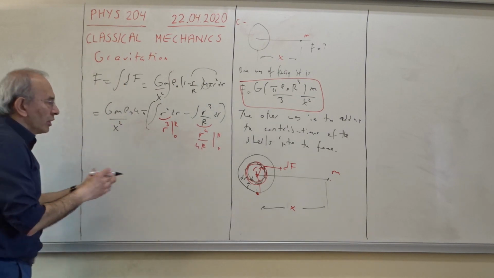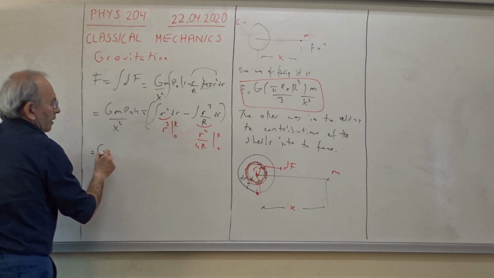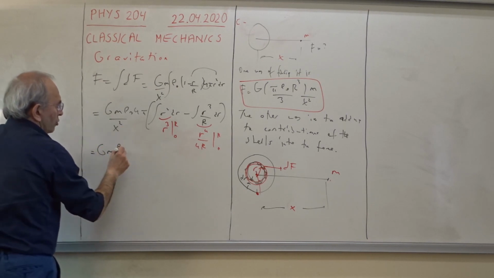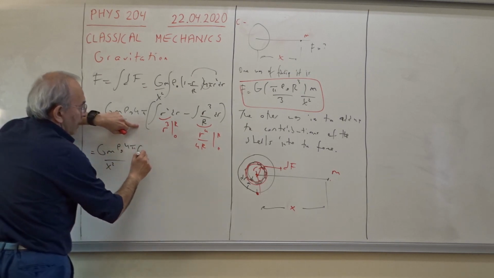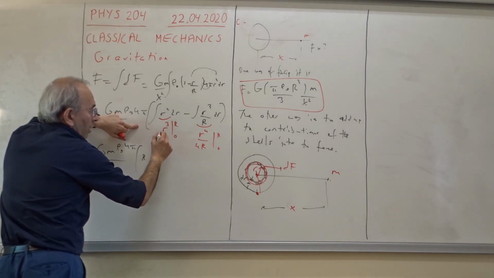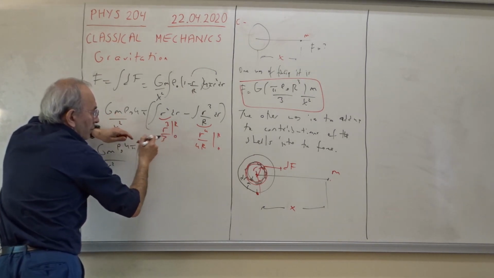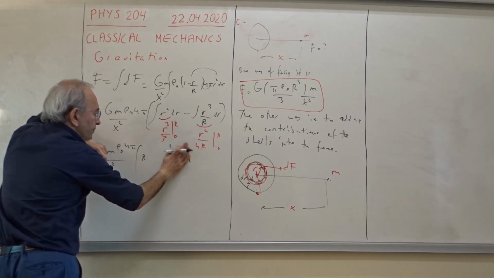So we expect to get the same result. Let's check. G M rho 0 4 pi divided by x squared multiplied by R. This is, remember, R cubed over 3. So that 1 over 3 minus 1 over 4 is 1 over 12.